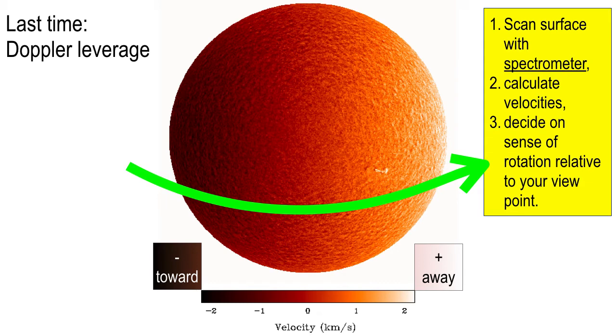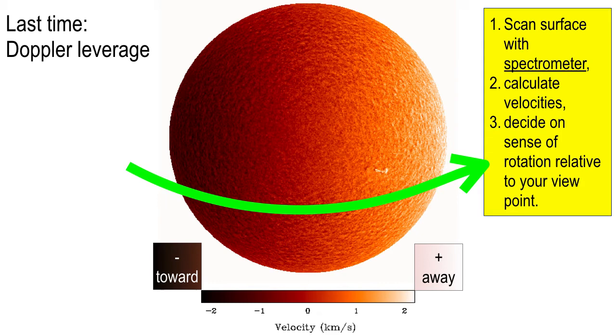Okay, so you scan it. In this diagram, the scan is of very, very small pixels, very small areas of the Sun. So you get a lot of scans, and we measure a lot of Doppler shifts, but they do organize left and right. And then you calculate the velocities from the Doppler shift.